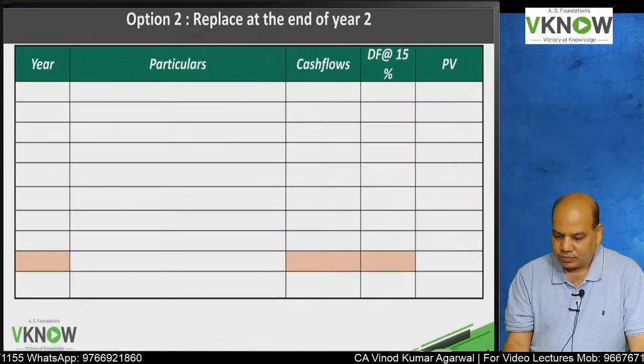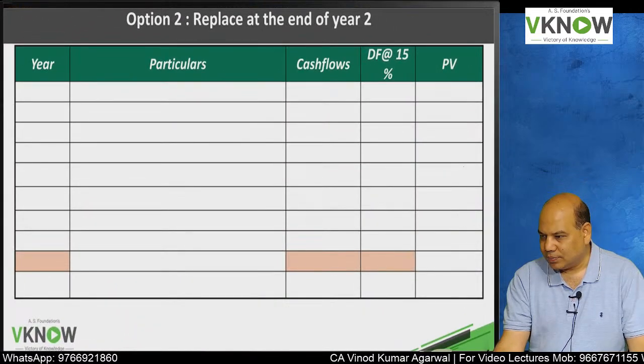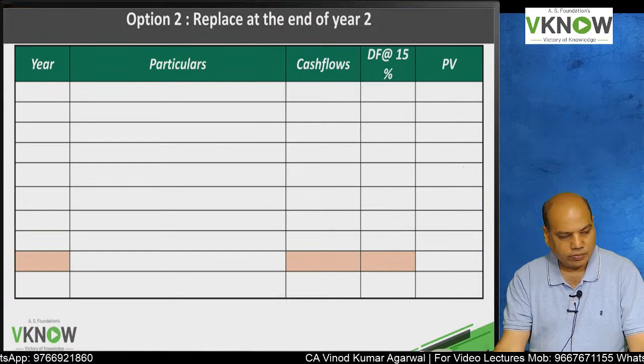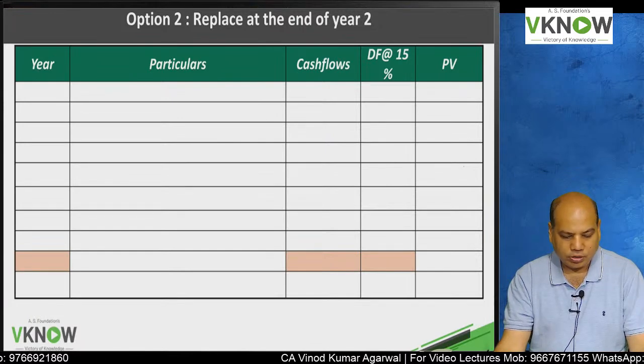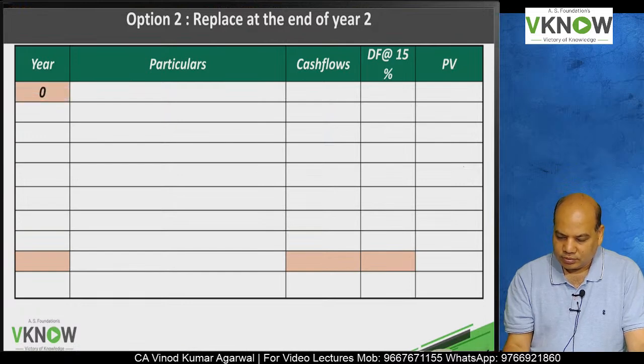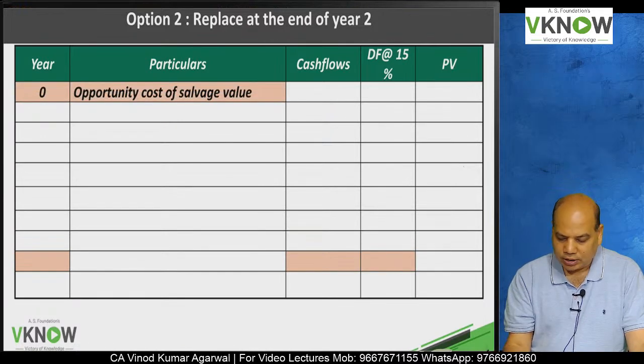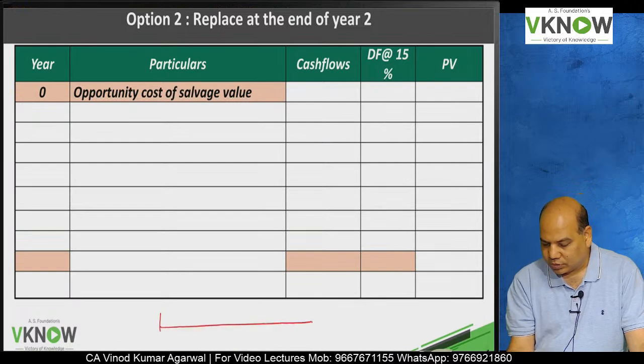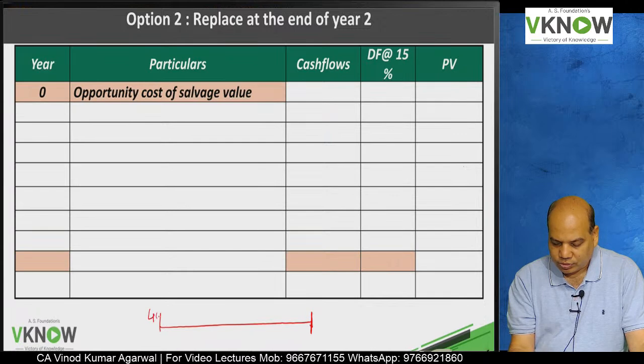Now write down option 2, replace at the end of year 2. Under that write down year, particulars, cash flows, discounting factor, present value. Again you treat it like this only. Suppose you are an intermediate student, you buy an asset for 40,000.